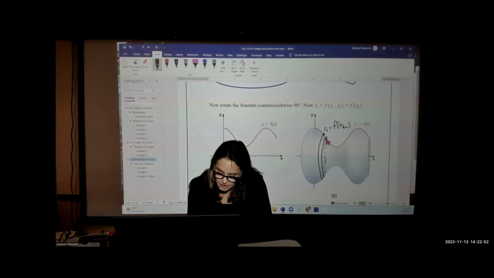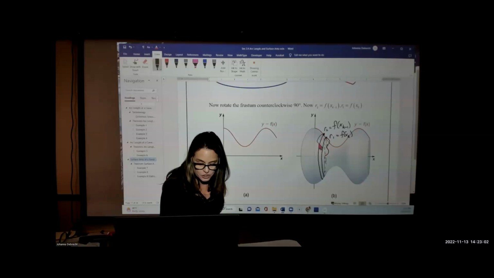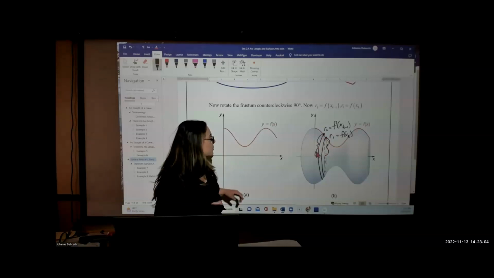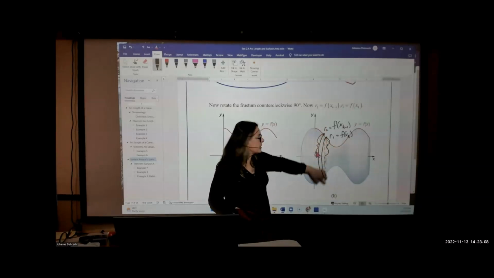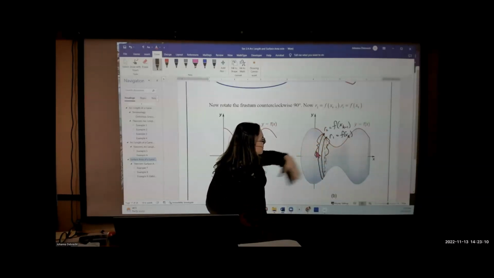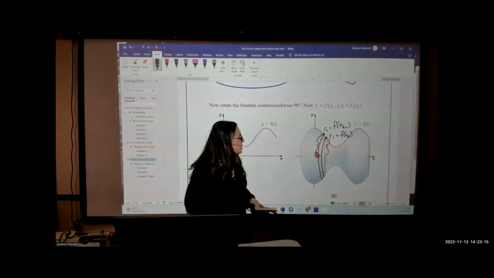And this one right here is going to be R1, which is f of x sub k. Right? And again, that's measuring the distance from the axis of revolution up, right? So it's, of course, the radius of the circle created by the frustum on the top and on the bottom. So this is where the frustum comes into the shape.